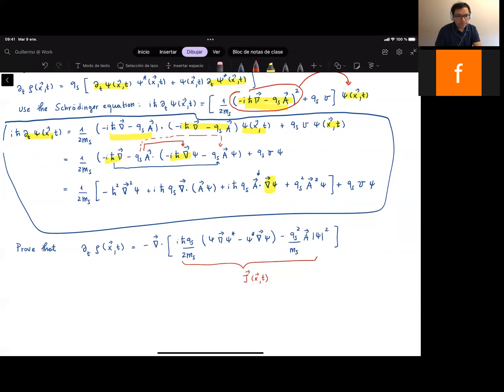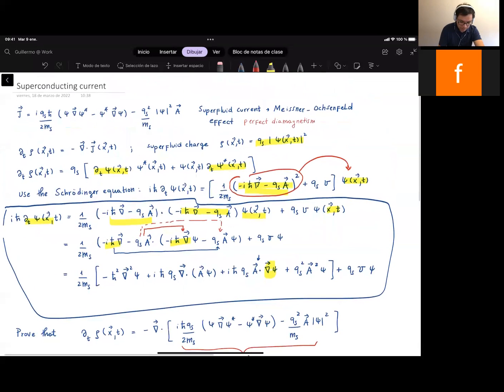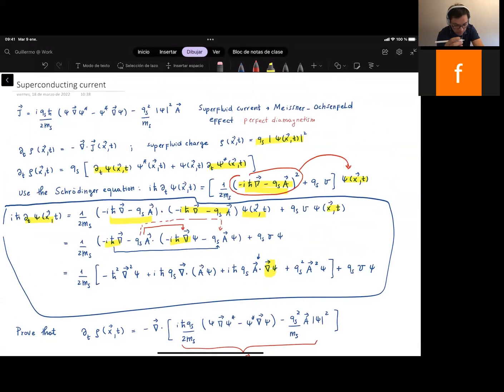Okay, so as I mentioned yesterday, we have this superconducting current density that essentially allows us to explain why there appears this effect of perfect diamagnetism in a superconducting sample.